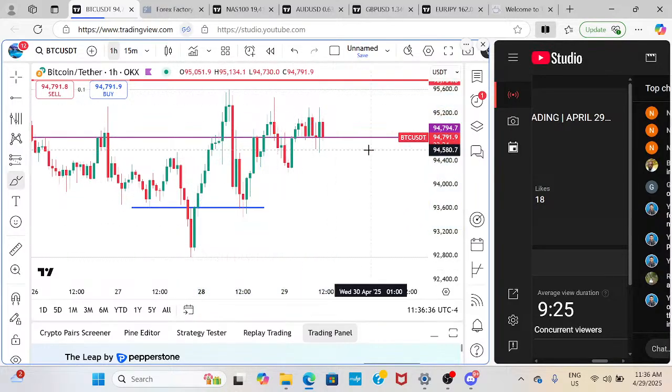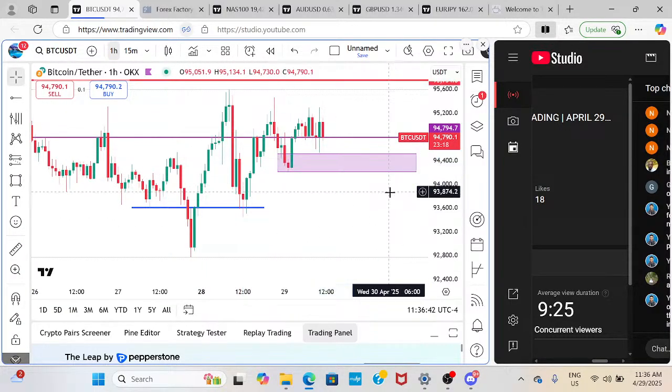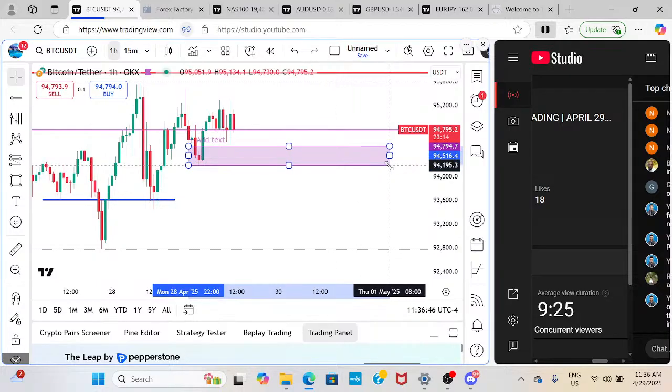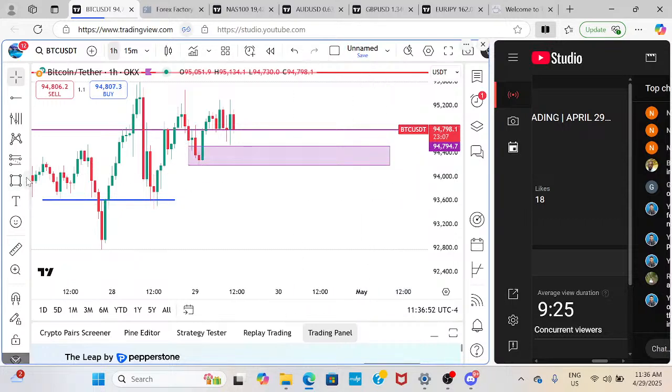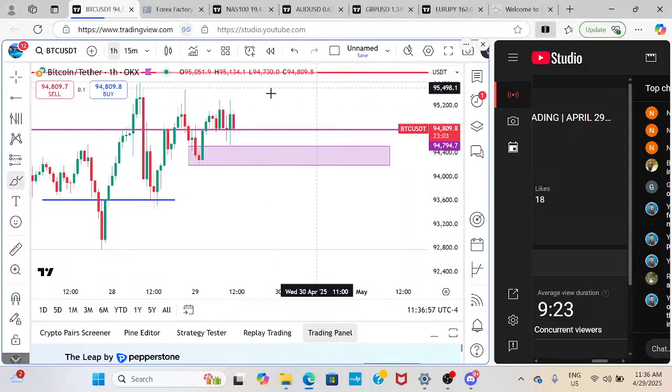Okay, so I want to see the price break this current low. If the price can break below this current low, this is 94,213. If we can break below that, okay, it's gonna sell.